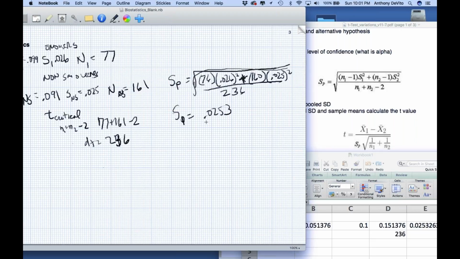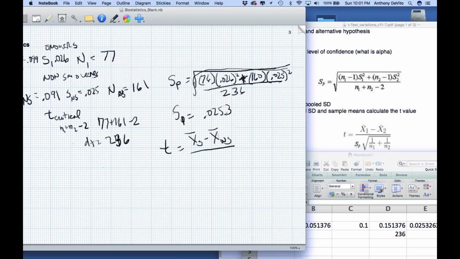Okay, now that I've calculated that, now I can go ahead and calculate my t-score. My t-score is equal to x bar for smokers minus x bar for non-smokers, over the standard error.